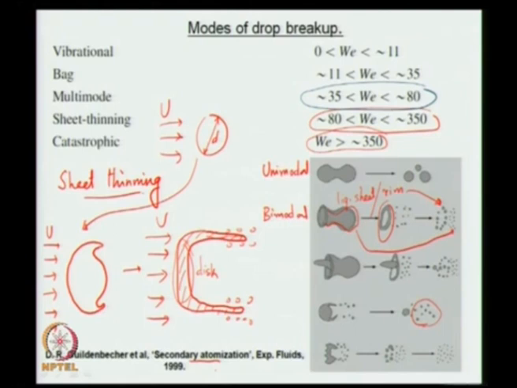So, the multi-mode breakup shows a little bit of both, and therefore it is often called the bag and stem breakup. So, you have a stem to replace what would be expected from the sheet breakup regime, but you also have the bag from the bag breakup regime forming.